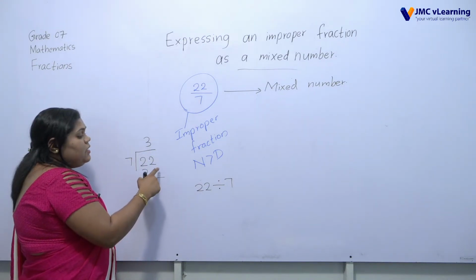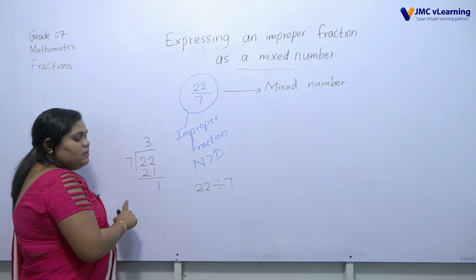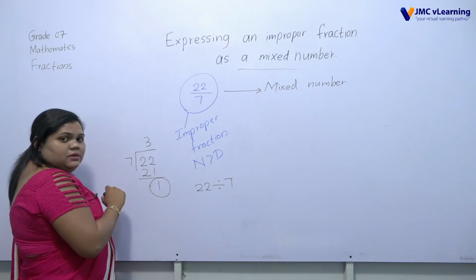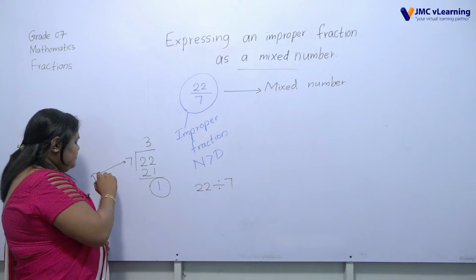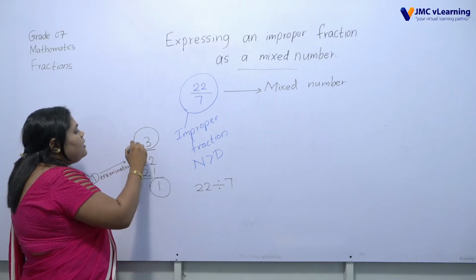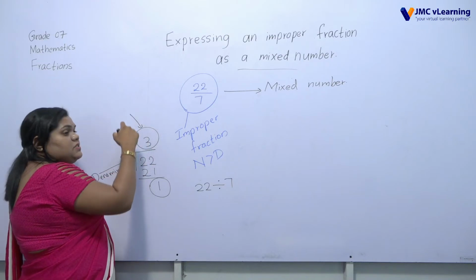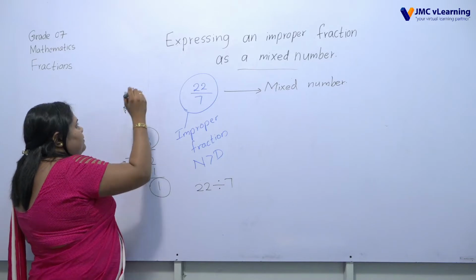So you have to subtract 21 from 22. Then what is the answer? 1. Remaining 1. This is the denominator and this is the answer. The answer is the whole number.